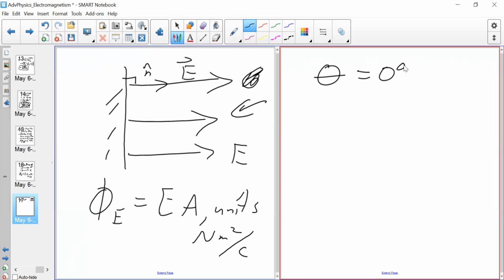But for flux to even happen, we have to have the electric field go through that area, and each electric field line is going to be parallel to this pointer. And that means that the angle between both E and N hat, the pointer, is 0 degrees.